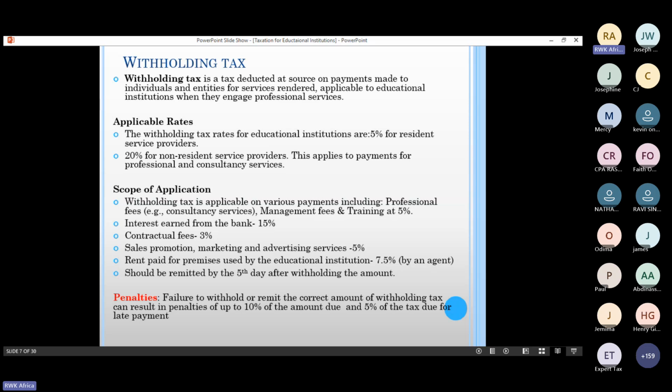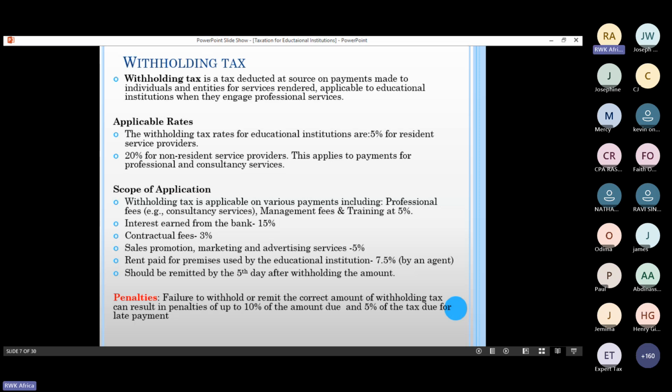Then we have interest earned from the bank. You find that in the bank you have a fixed account. You have been depositing into that account as an institution, and there is interest that has been earned. At the end of the year, you will find that you have earned income, but it is less 15%.